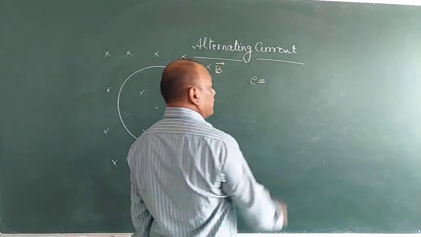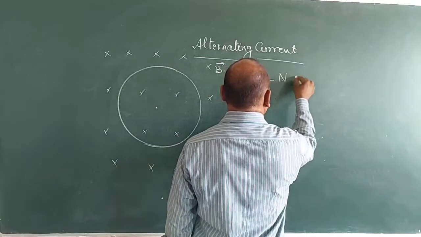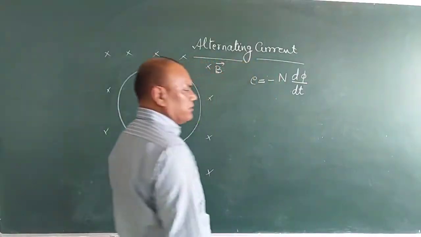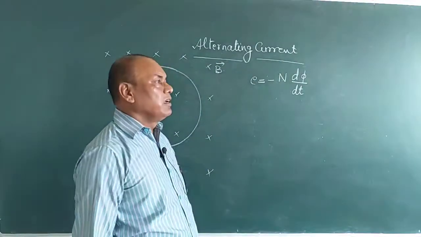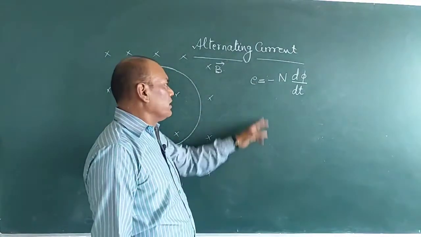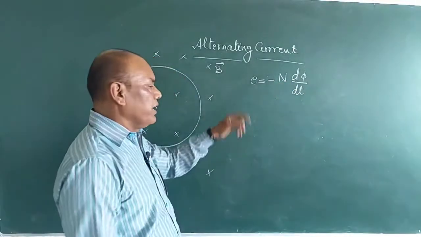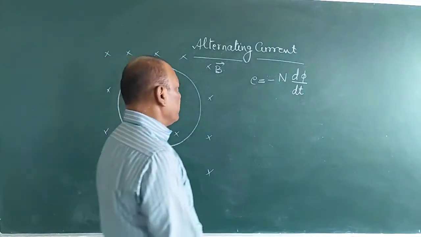by applying Faraday's first law, E is equal to minus N d phi by dt. This formula comes from Faraday's first law from the previous chapter. So E is equal to minus N d phi by dt, where N is the number of turns in this rotating coil.